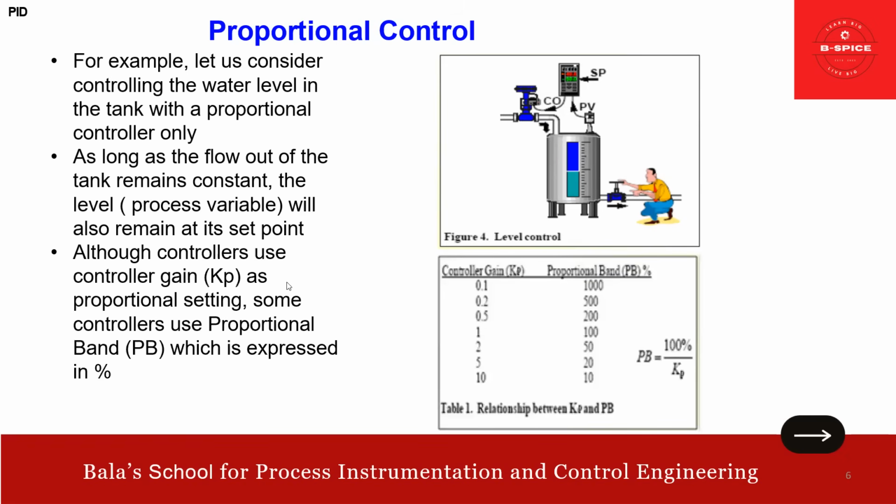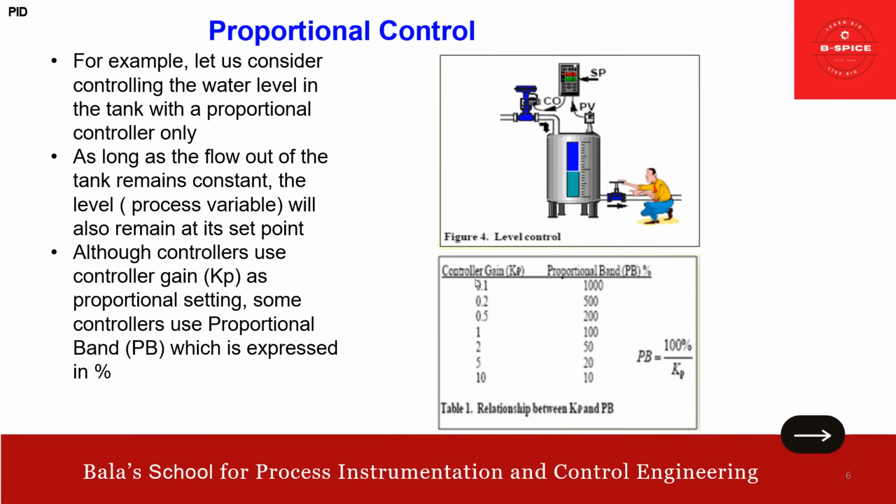Understand? Although controllers are used, controller gain, we discussed in the last slide, KP as proportional setting. Some controllers use proportional band, PB, that is expressed in percentage. So this is one and the same actually, controller gain, PB.